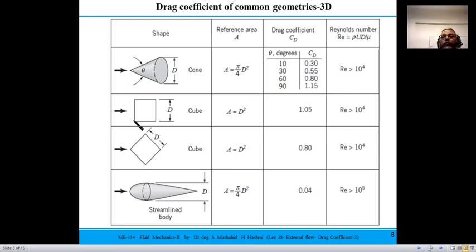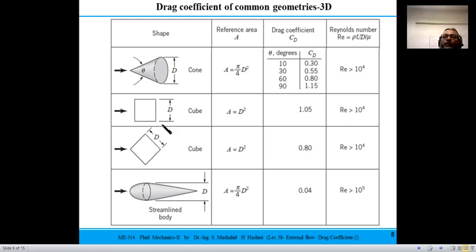Even for a cube, if it is placed with the characteristic length of diameter d, then your reference area would not be pi by 4 d square, but some different d square. So we must look at the definition of that reference area in order to know exactly the right value of the drag coefficient. Here you see the same direction of flow, but I have just changed the orientation of this square section.